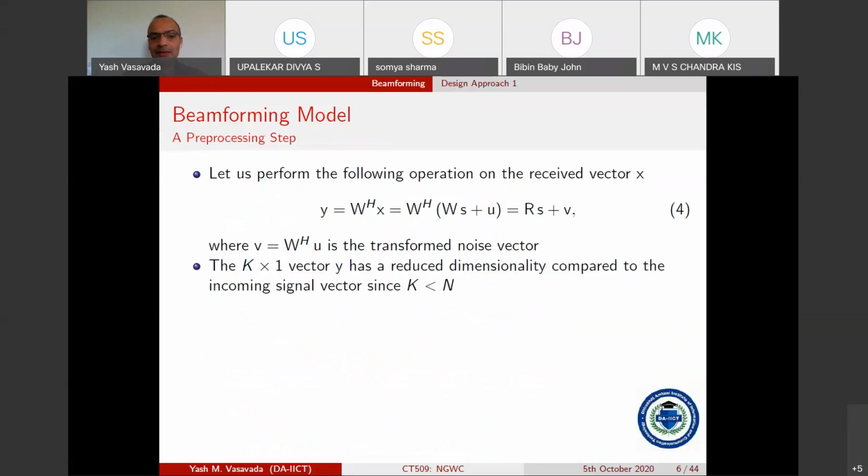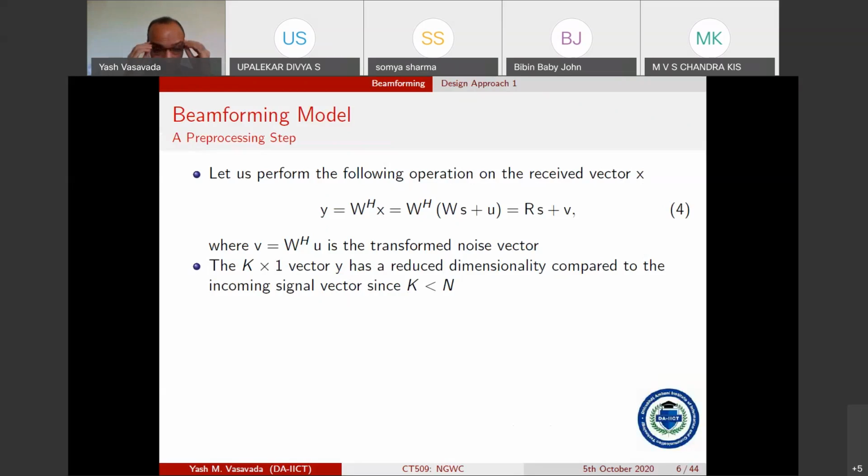We looked at this vector Y, which is formed by taking the product of W Hermitian with our received signal vector X. And we saw that this vector Y, in many cases, has a reduced dimensionality, meaning it has fewer samples compared to vector X. Remember, vector X is an n cross 1 vector, whereas Y is just a k cross 1 vector.